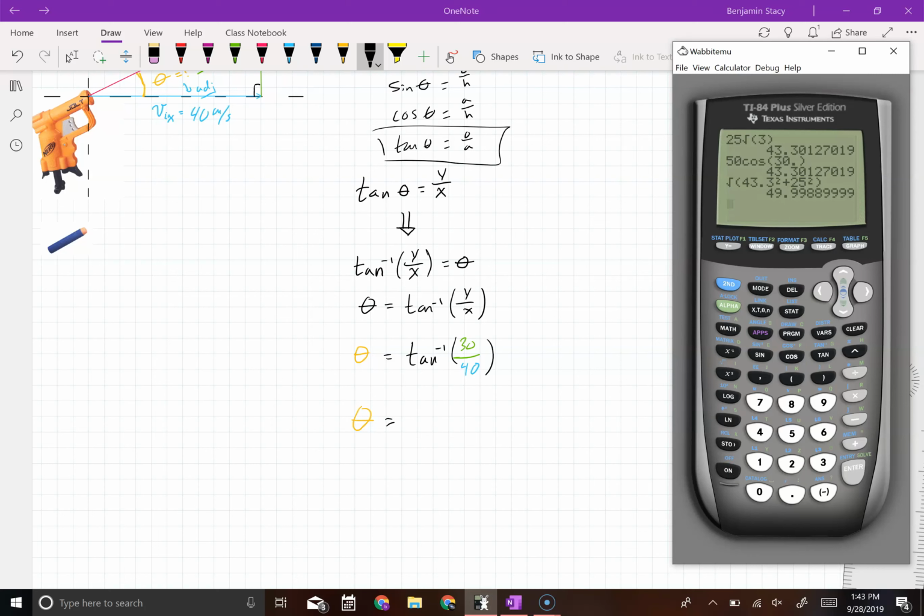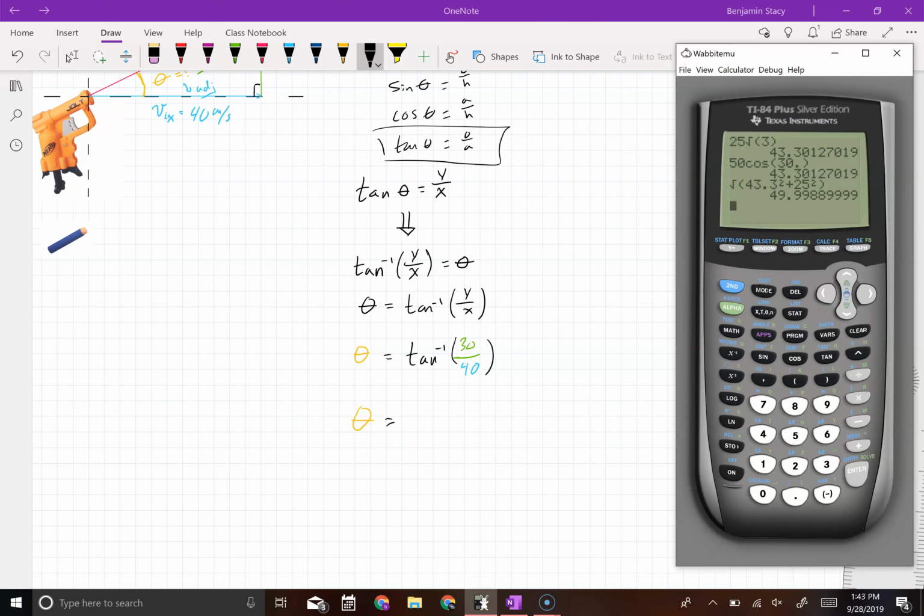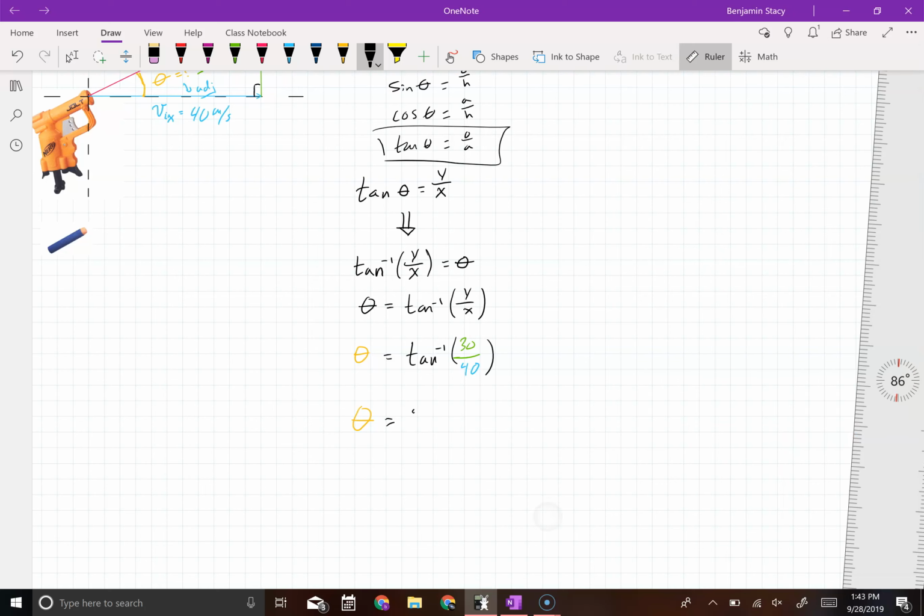So we need to calculate what the arctangent's result is going to be. Notice I have the tangent button, usually it's second tangent, or second cosine, or second sine, that'll get you the arc function. So arctangent 30 over 40 is 36 point, wow, that was a good guess. So 36.87, let's call it 36.9.